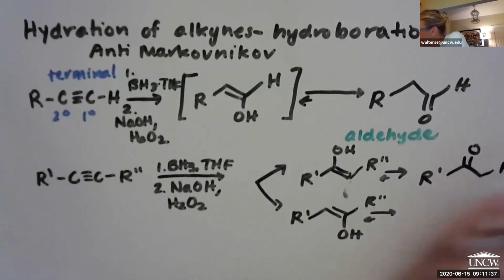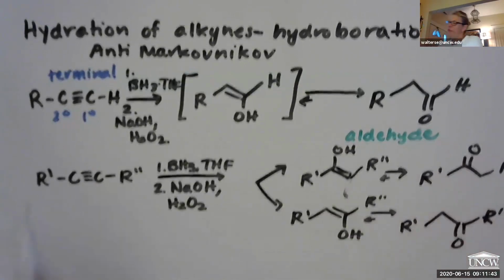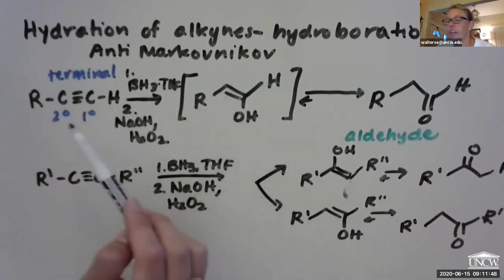So the only way that you are going to be able to make an aldehyde is if you do the anti-Markovnikov addition on a terminal species.